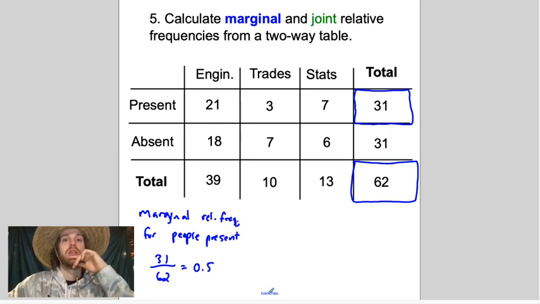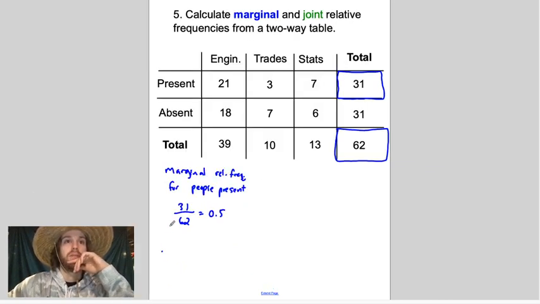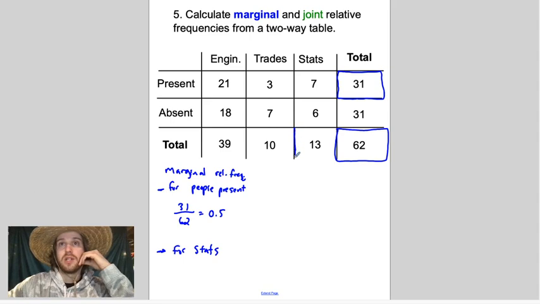Okay, that is marginal relative frequency. You could also find the marginal relative frequency for another category. So we'll do one here and one here in blue, for stats. The marginal relative frequency for stats is all in comparison to the total here. So we would go 13. What percentage of my students?